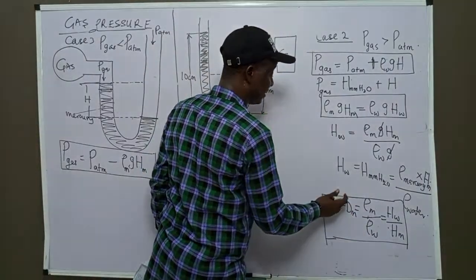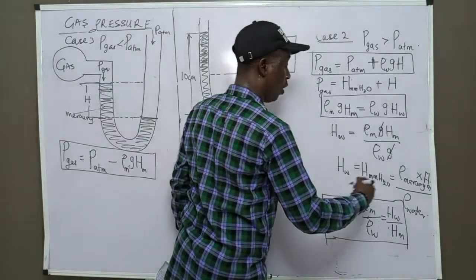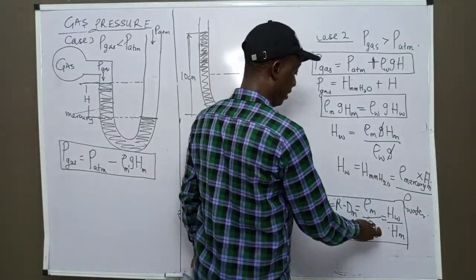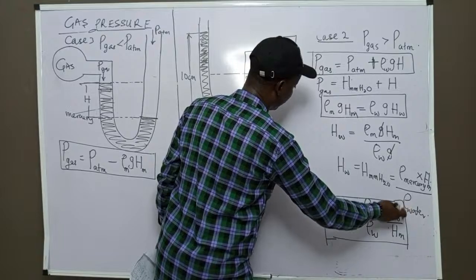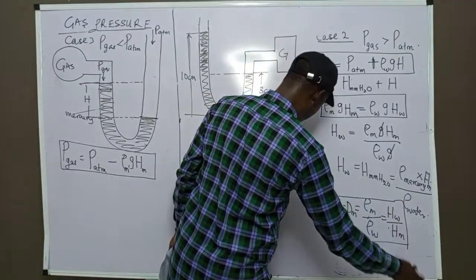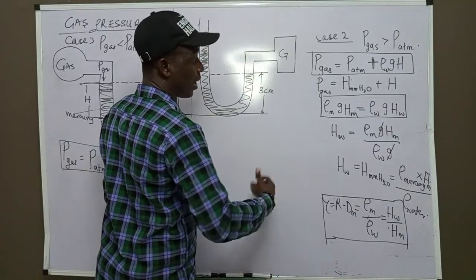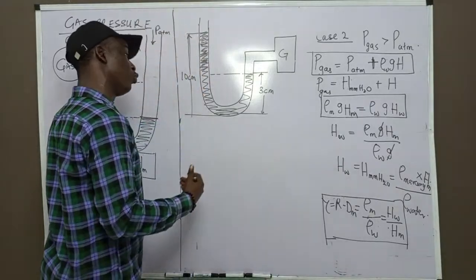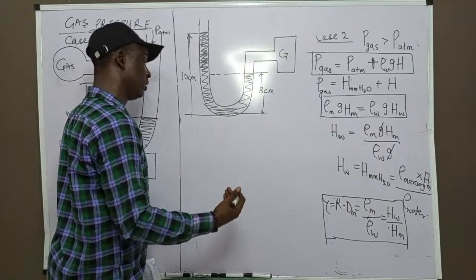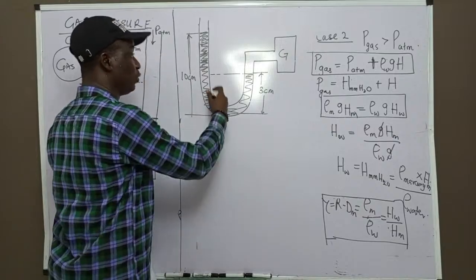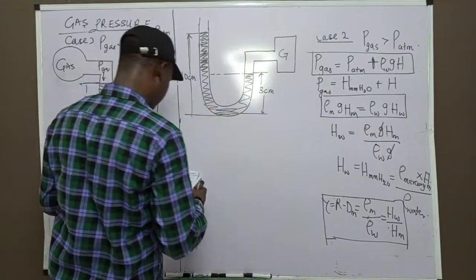Don't forget that relative density is defined as density of liquid over density of water. Then in terms of height, it will be height of water over height of the liquid used, to calculate density, in case you want to convert the mercury to any other liquid, depending on the liquid that is used on the manometer. Now let's take this one.